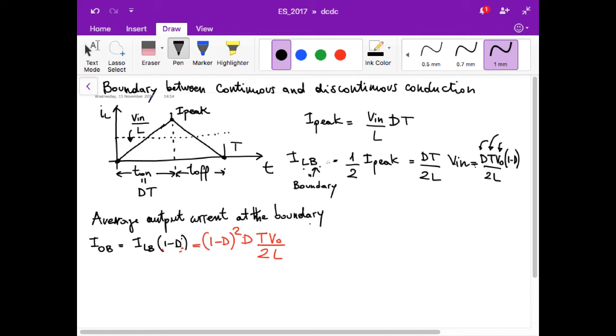Okay, so just to have an idea of the difference between this situation and the other situation, ILB and IOB, let's plot them as a function of the duty cycle.